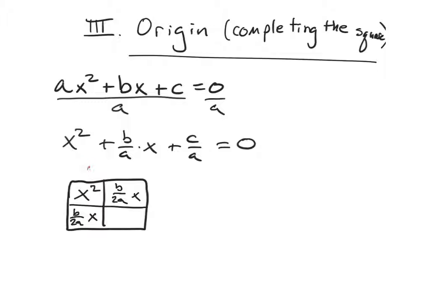So you factor everything out. You factor out the x's. You get a b over 2a here. Still a square because these sides are equal. You multiply b over 2a times b over 2a. That gives you the number that you're going to use to complete the square. So b times b is b squared. 2 times 2 is 4. And a times a is a squared. So since we're adding that, we have to subtract it.